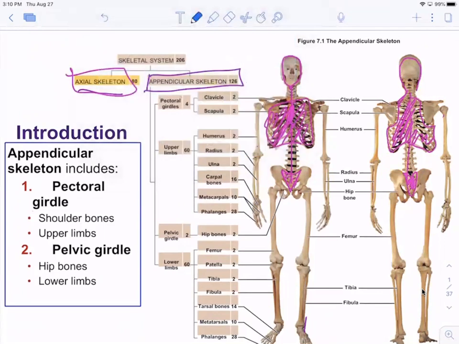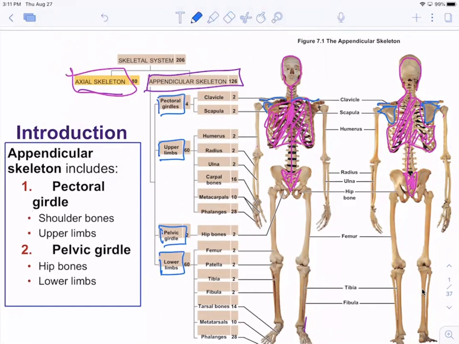And appendicular, appendages. That really is the pectoral girdle and the upper limbs, and then the pelvic girdle and lower limbs. The pectoral girdle is the clavicle that's anterior, and the scapula that is posterior, that you can see posteriorly. We call the scapula our shoulder blade, and the clavicle is in the front.